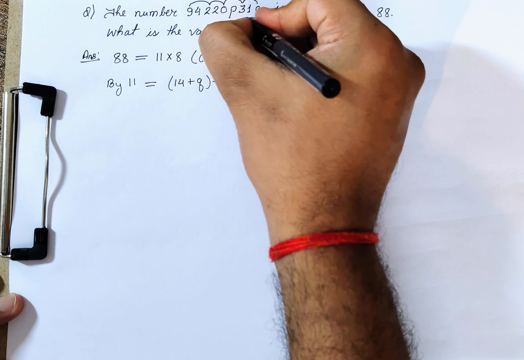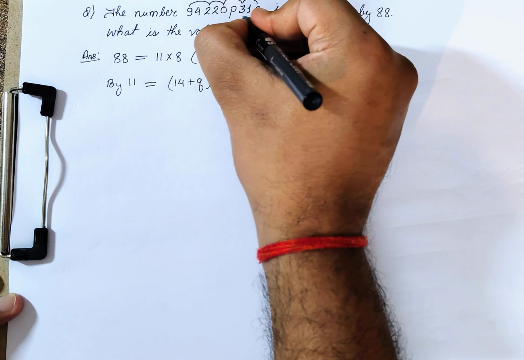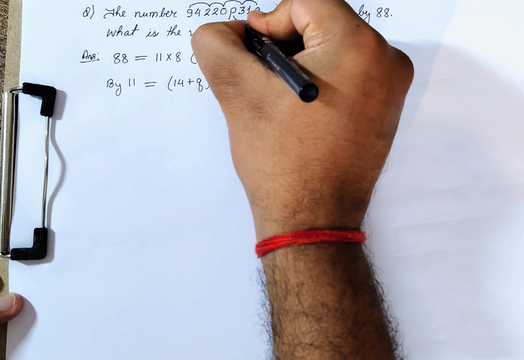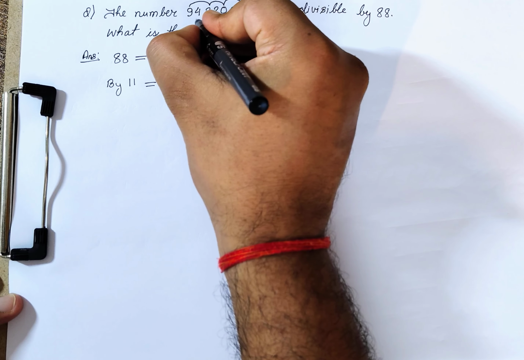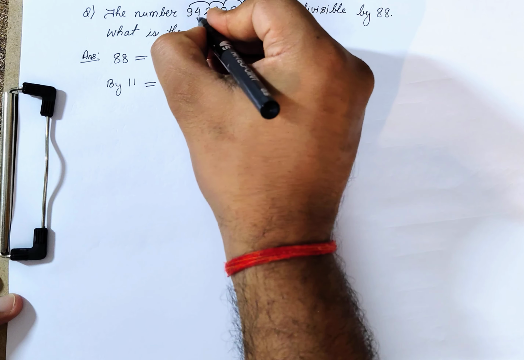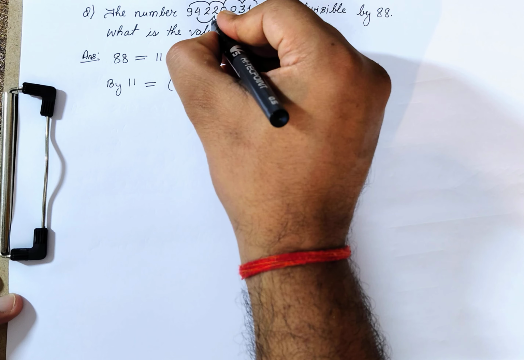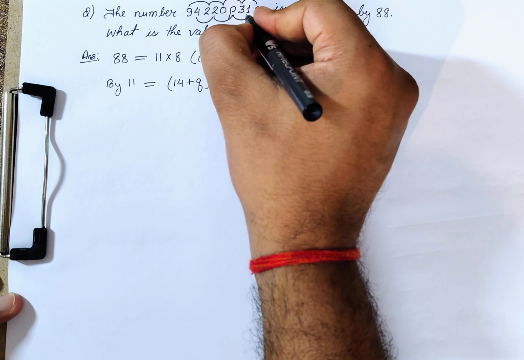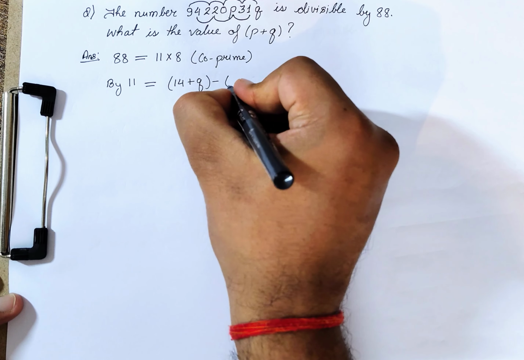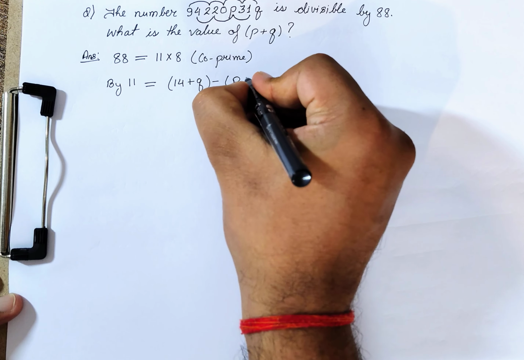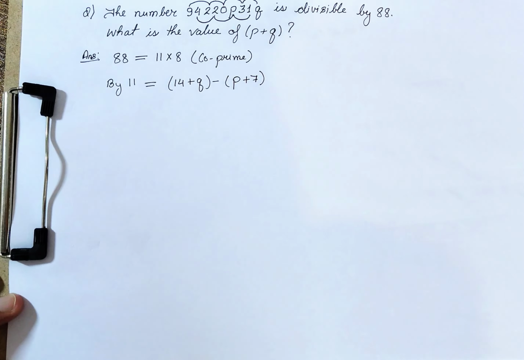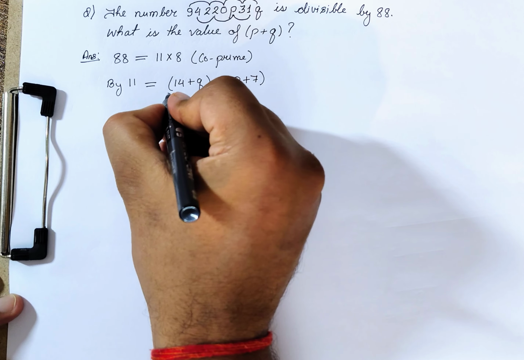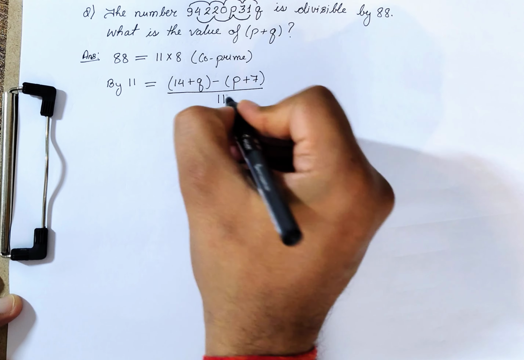minus sum of digits at the even places when counted from right. So we get 4 plus 2, 6, P and 7. So we can write it as P plus 7. So this should be divisible by 11.